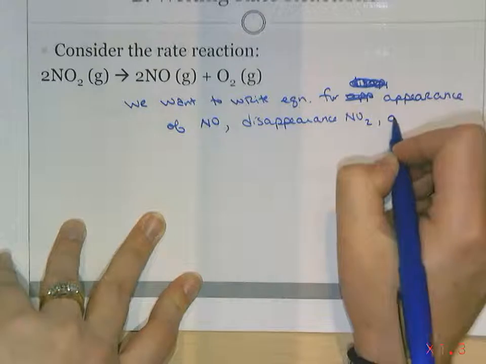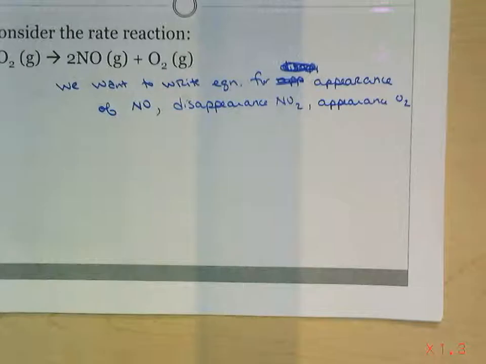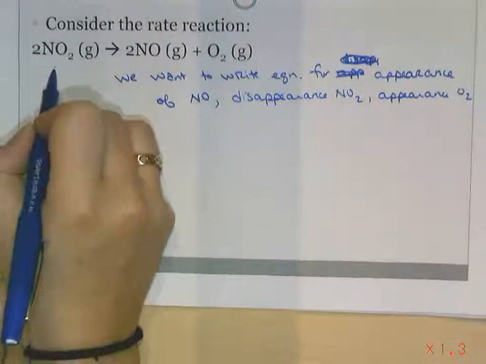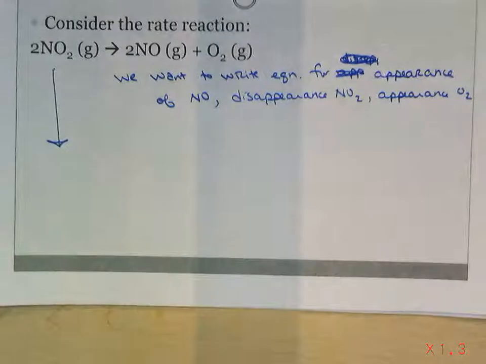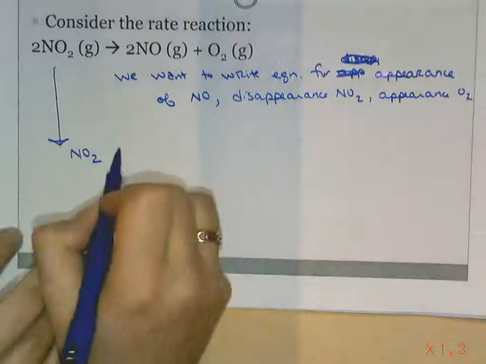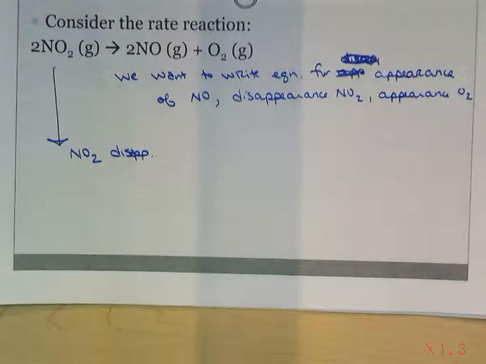We actually want to know all 3, so we'll put that together. We want to write an equation that relates the appearance of NO, the disappearance of NO2, and the appearance of O2. We want to know how they're related. We'll go left to right and look at this guy over here first. NO2 is disappearing, because it's a reactant becoming a product, so you should have less over time.